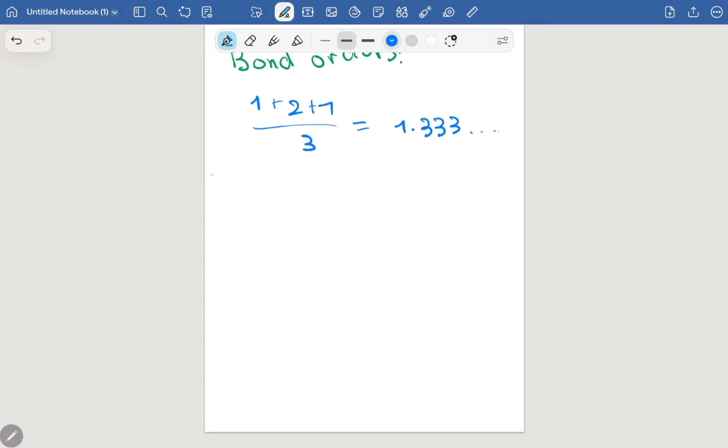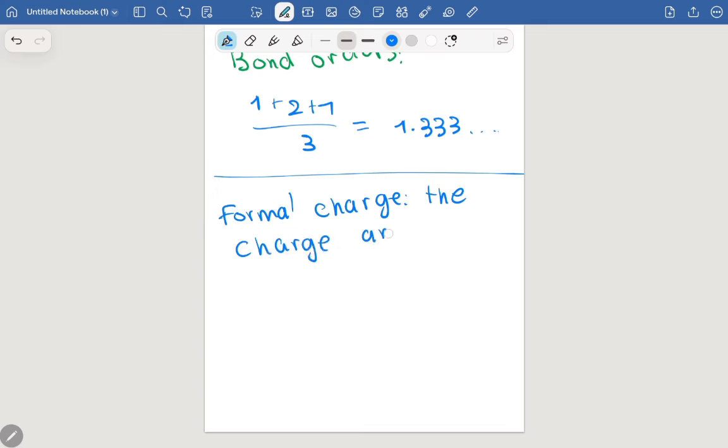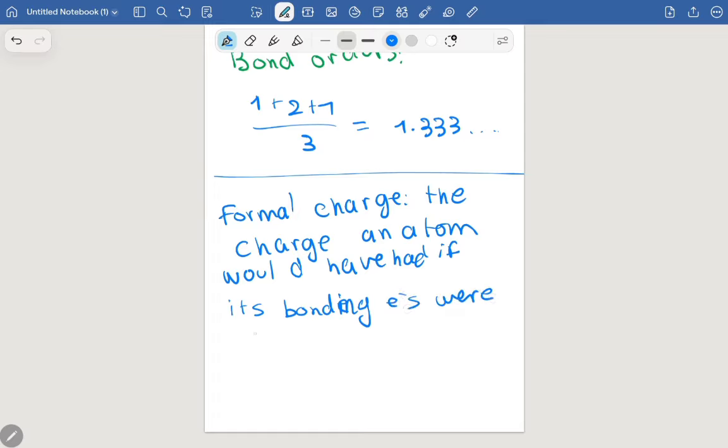Okay, so now after this we can calculate the formal charge. What about the formal charge? The formal charge is the charge an atom would have had if its bonding electrons were equally shared between the bonded atoms, okay?